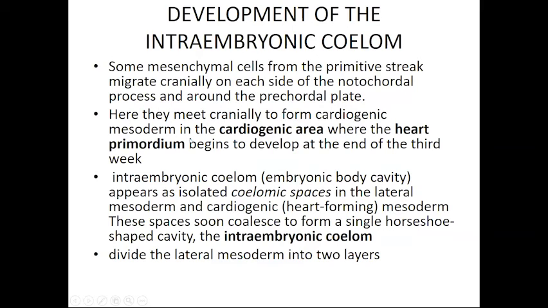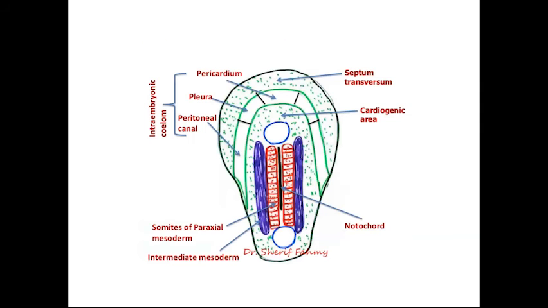They meet cranially to form the cardiogenic mesoderm in the cardiogenic area, where the heart primordium begins to develop at the end of the third week. For the intraembryonic coelom, or the embryonic body cavity, isolated spaces appear in the lateral mesoderm and the cardiogenic heart-forming mesoderm. These small cavities, as in the extraembryonic, collect together to form a single horseshoe-shaped cavity, the intraembryonic coelom, which divides the lateral mesoderm into two layers, as I have shown in this picture.